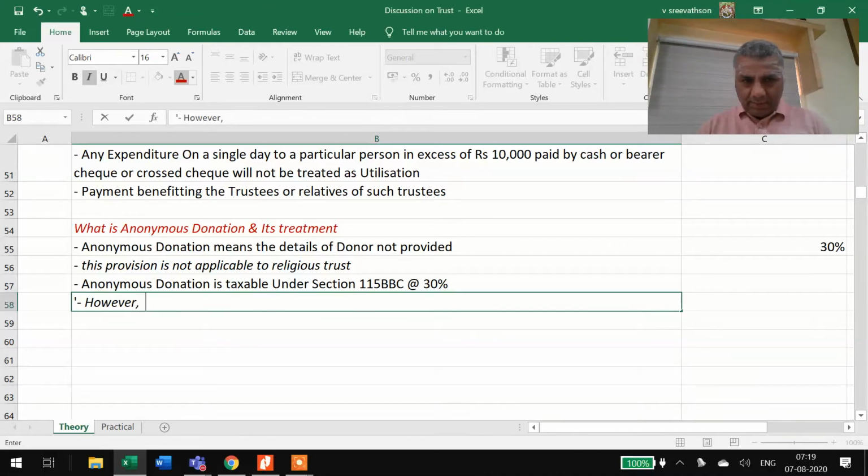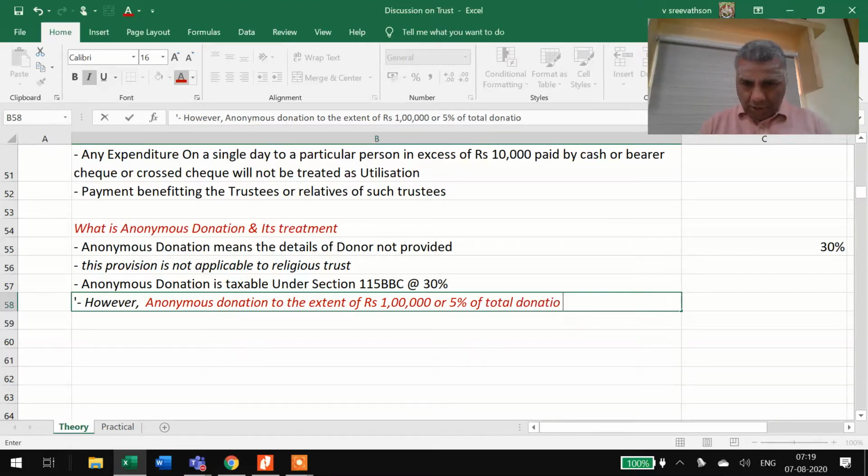However, so we are talking about exception. Anonymous donation to the extent of rupees 1 lakh or 5% of total donations is taxable at normal rates.